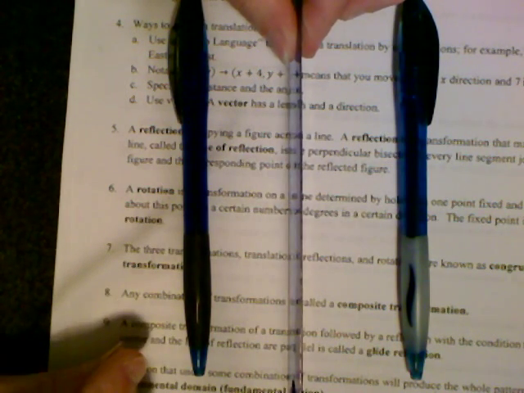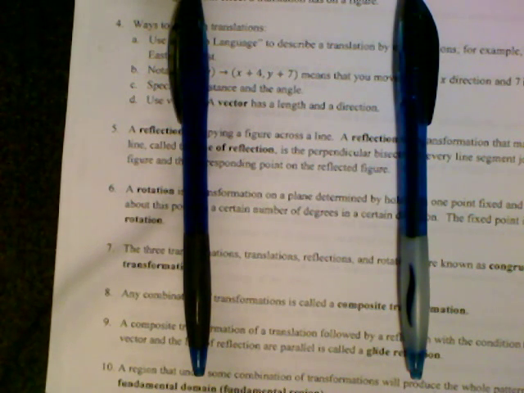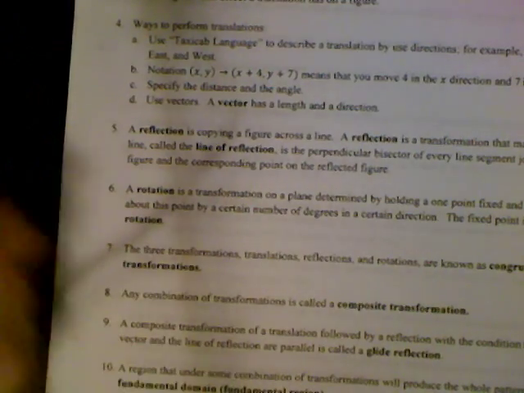Think about a reflection in a mirror. If you're standing facing a mirror and you raise your right hand in the mirror, it looks like it's your left hand that goes up. The line is the line of reflection.